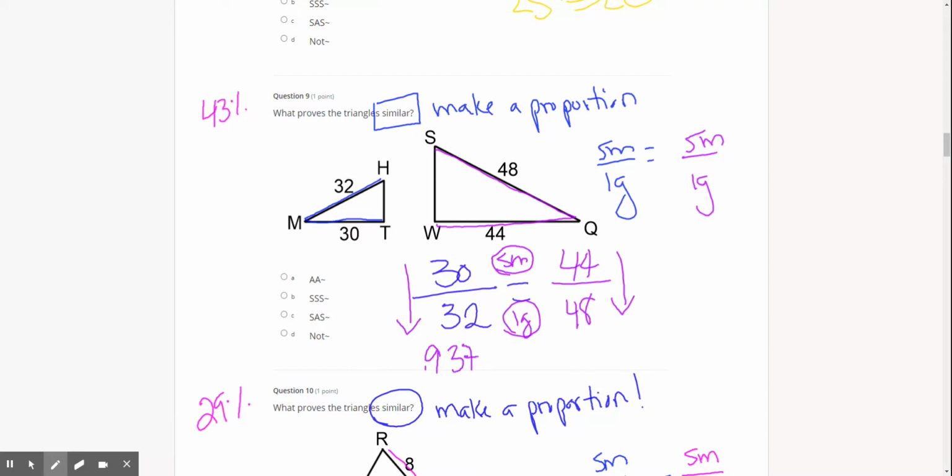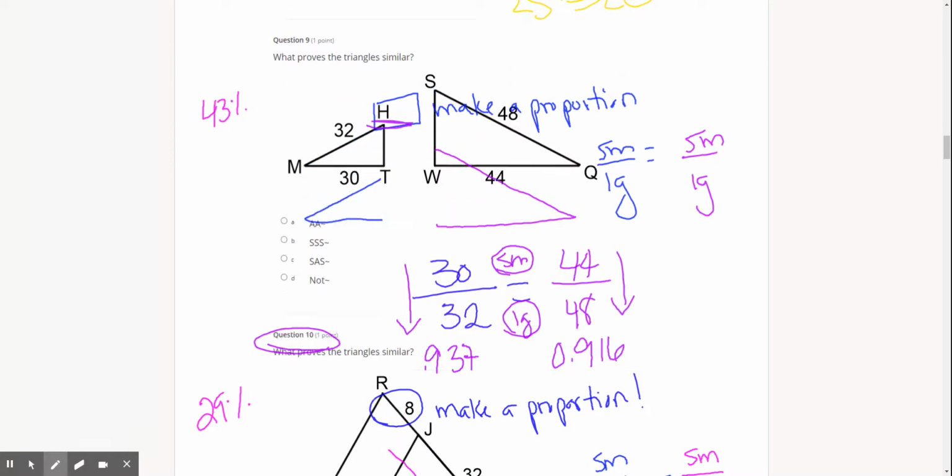Sweet. And then did anybody do the 44 divided by 48 yet? It's 0.916. Do they match? No. So what do I have to put? Not congruent, not similar. Yes.